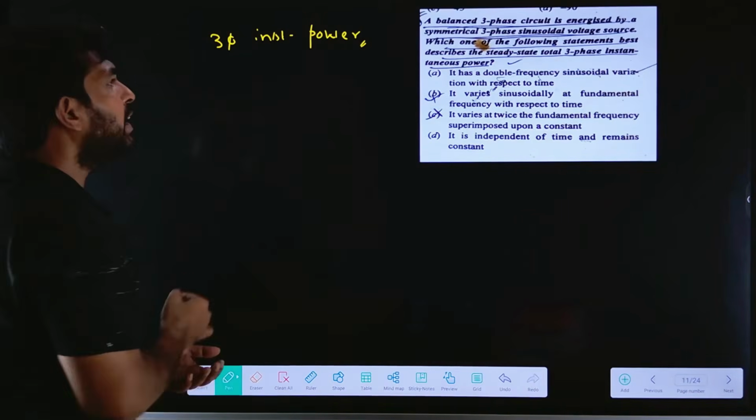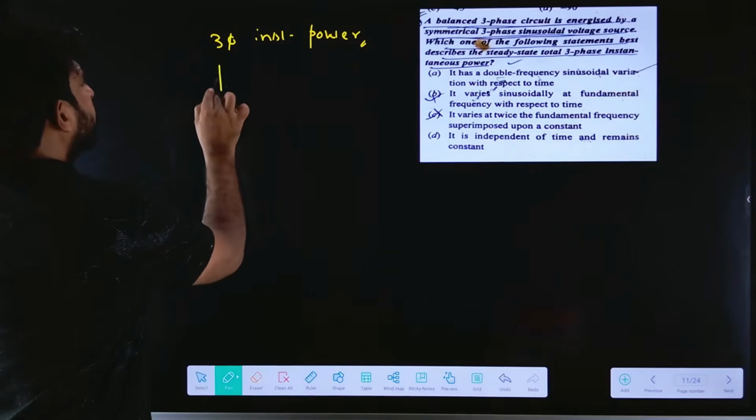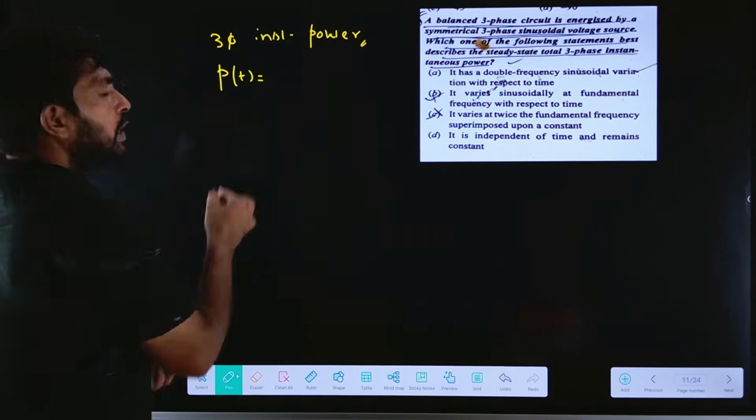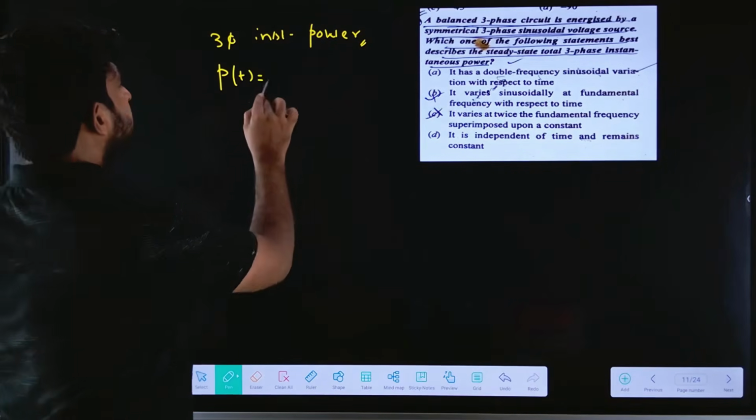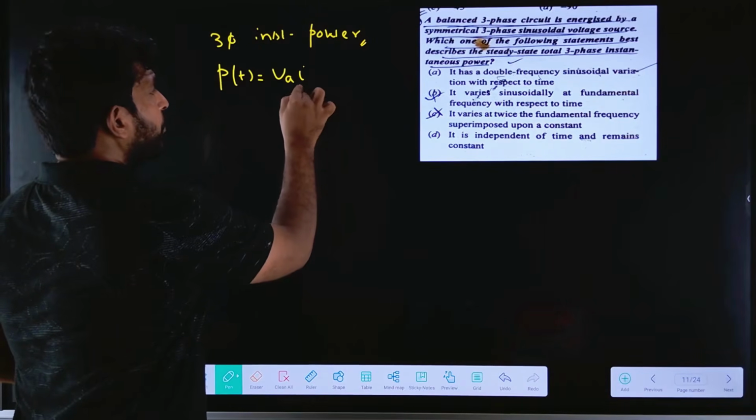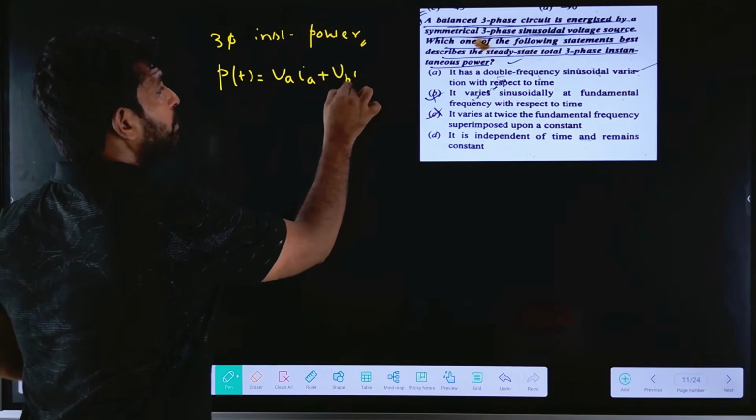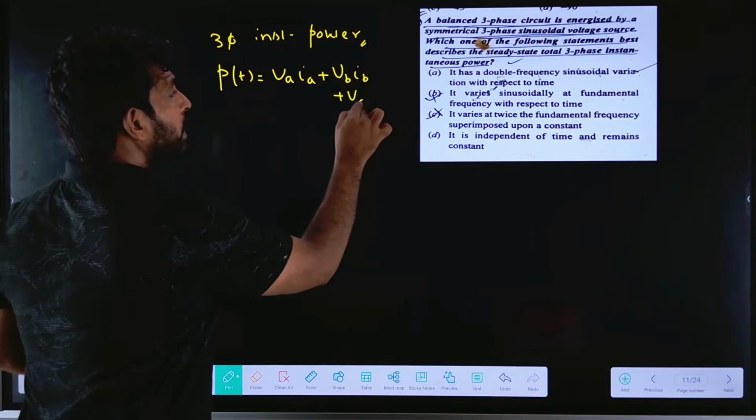It is equal to P of t equals VA into IA, plus VB into IB, plus VC into IC.